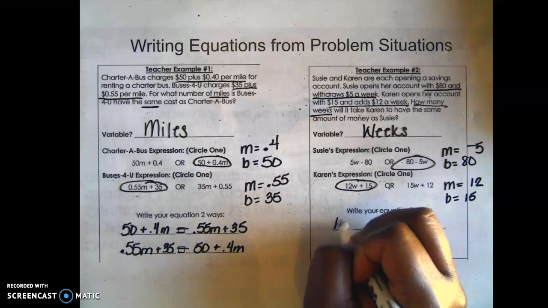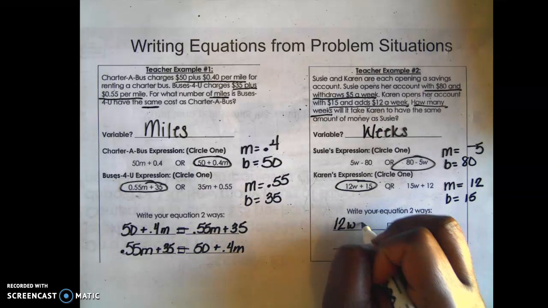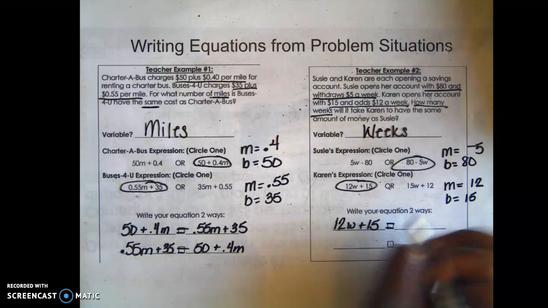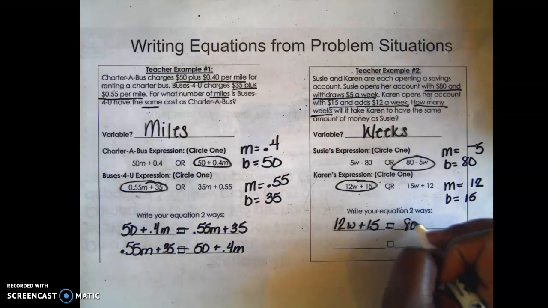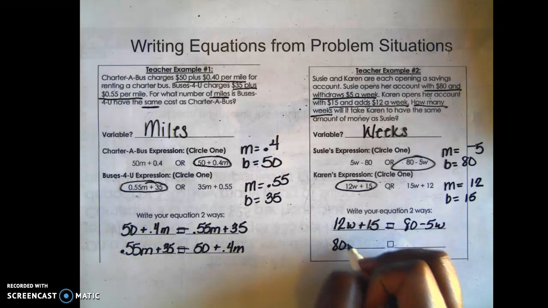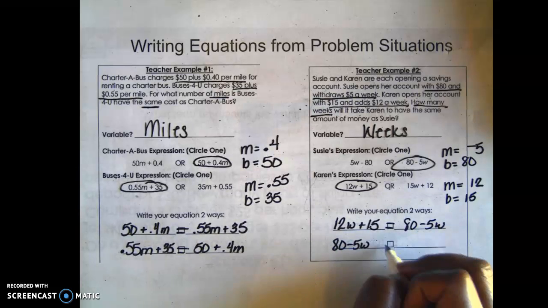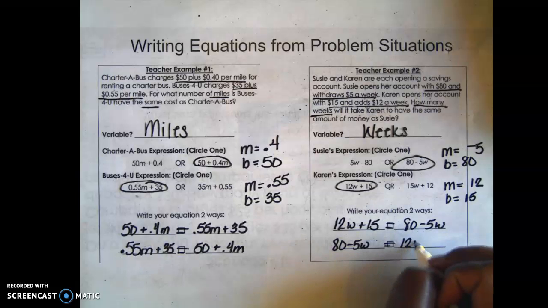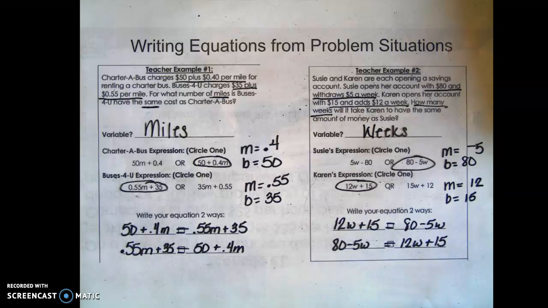So let's do 12w plus 15 is equal to 80 minus 5w, or 80 minus 5w is equal to 12w plus 15.